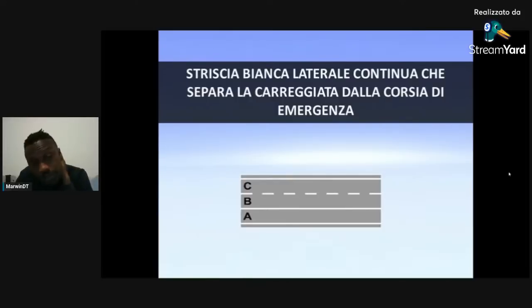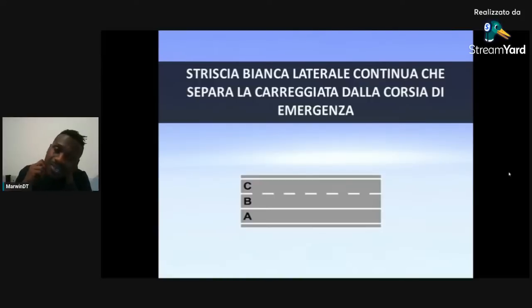Which is what? Side continuous line that separates the carreggiata from what? From an emergency lane, that is the corsia di emergenza.